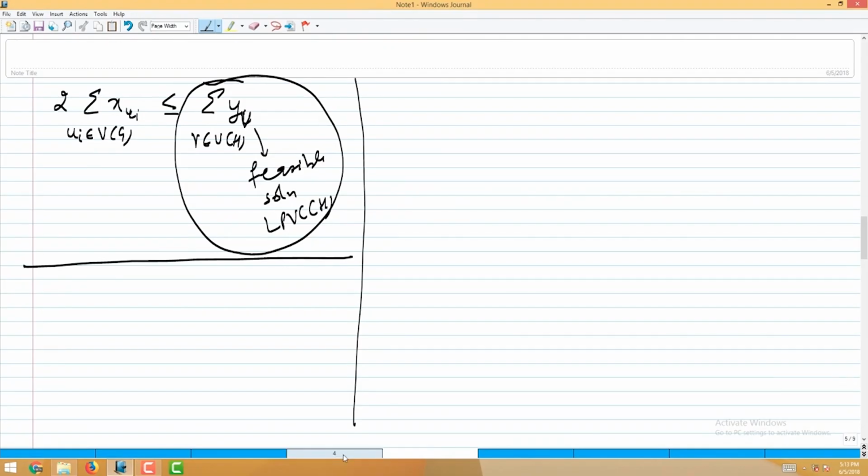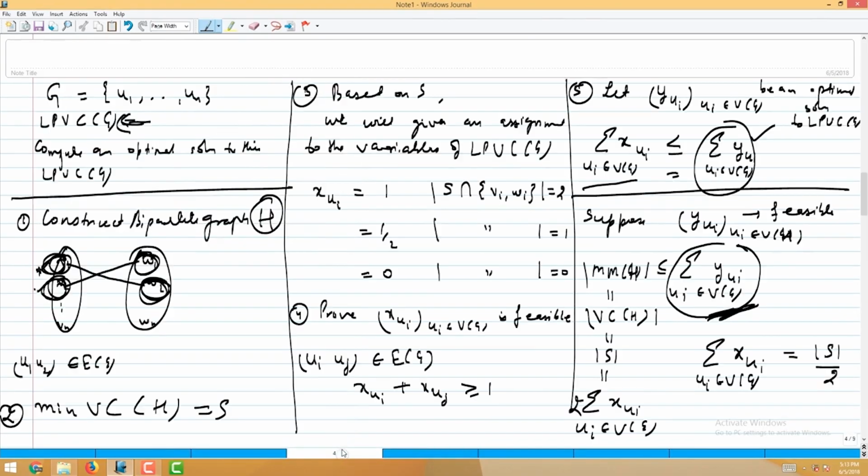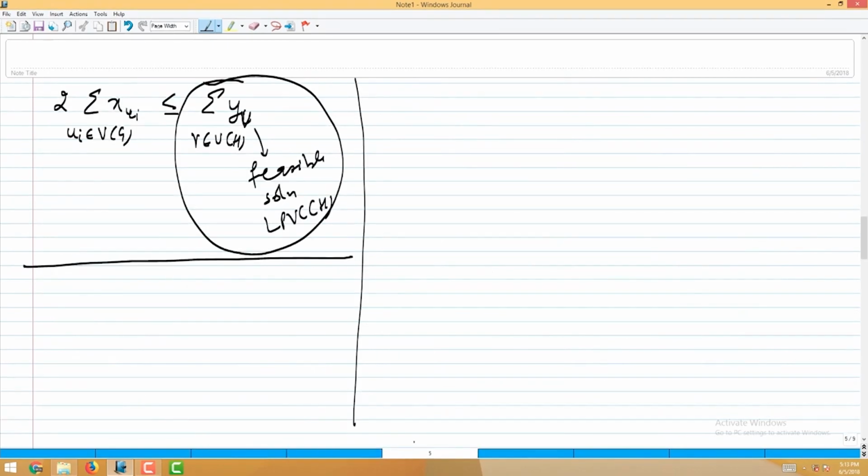So basically, if we can relate a feasible solution of H to an optimal solution to G, we'll be done. That's the kind of thing that we have to look for. Now, to do so, observe this. I want to give some feasible solution to H based on some solution on G. Okay. So what I'm saying is the following.